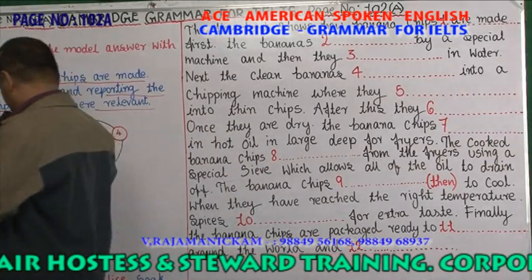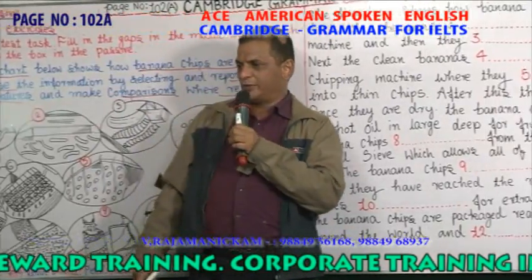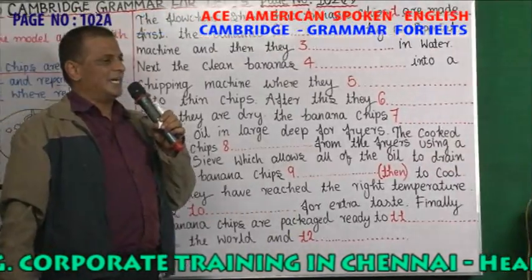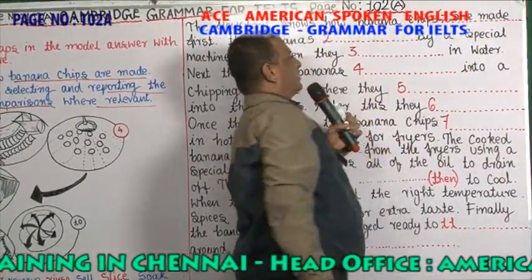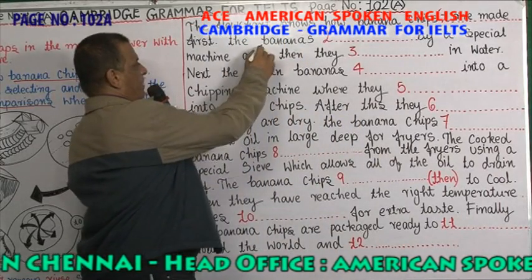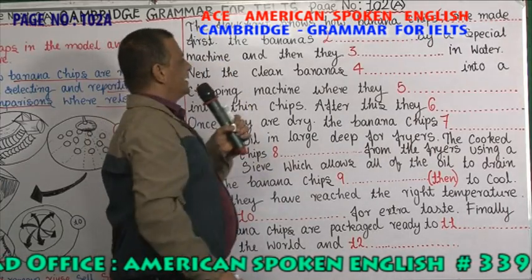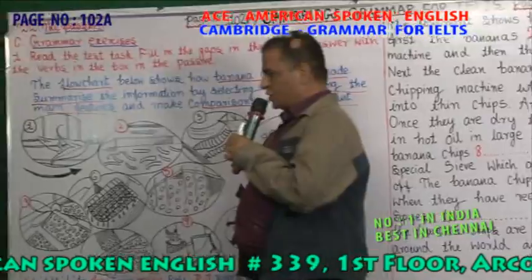So are made is the first one. Make changes into are made. Why do you use are made? Because chips are plural, right? So using are made. First, the bananas are dashed by a special machine. So what's the first answer?